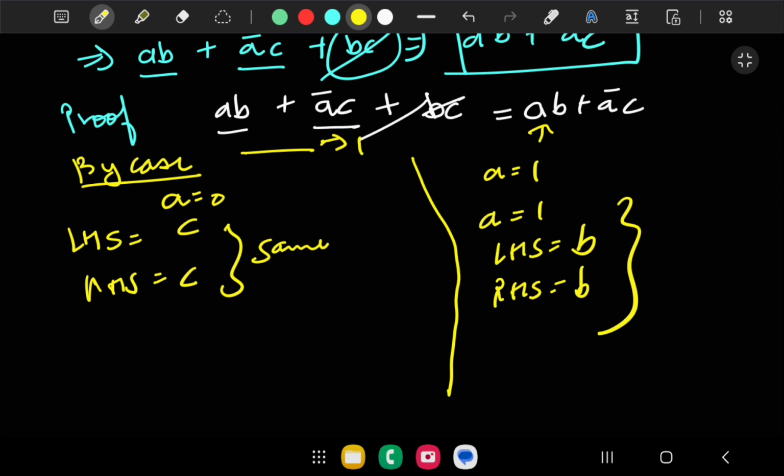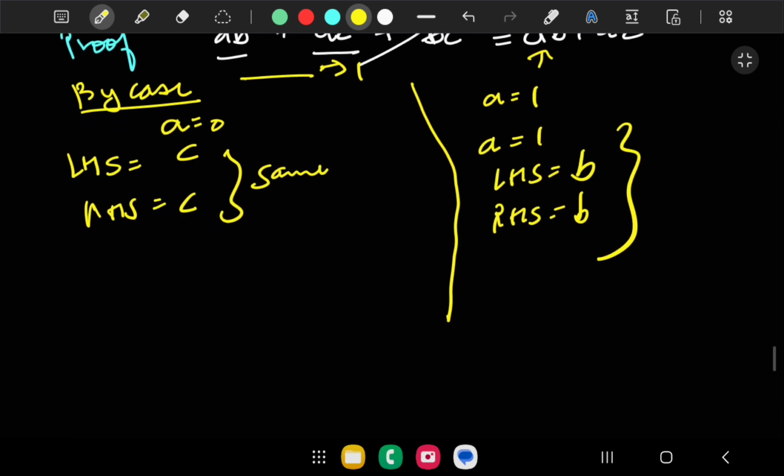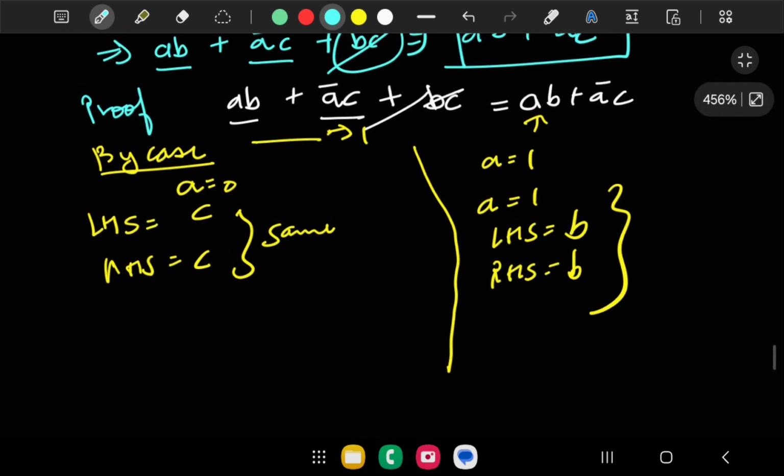So one thing you notice here, one thing very interesting: in happy times of A, B is there. In sad times of A, C is there. Together, you can remove BC. Now here in the sad times of A, C is coming on both sides.